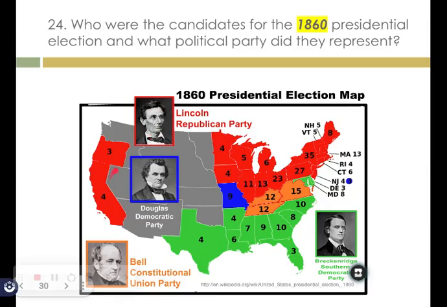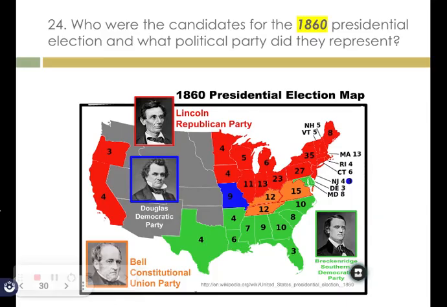You have Stephen Douglas with the Democratic Party. And this is crazy because remember they ran against each other 2 years before. Douglas is the one who defeats Abraham Lincoln. You also have John Bell running for the Constitutional Union Party and John Breckinridge for the Southern Democratic Party. So four candidates running for president.